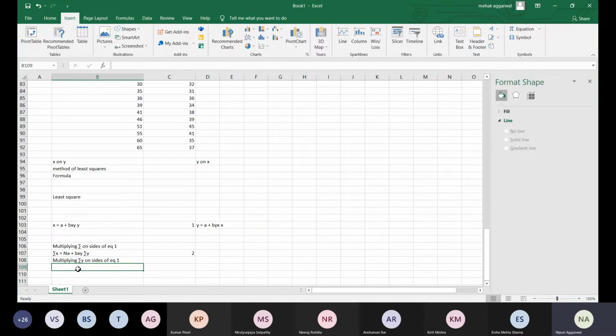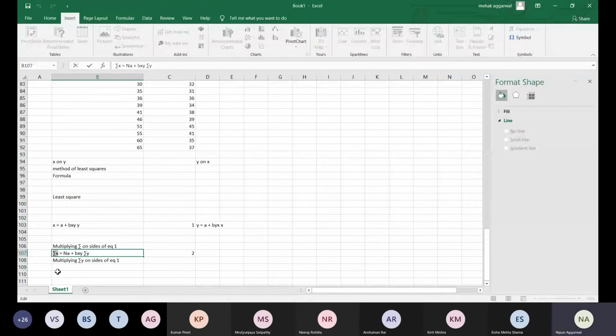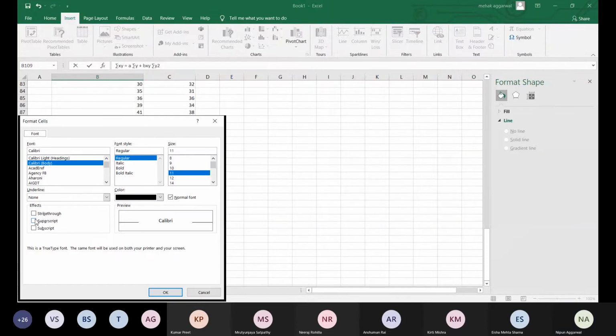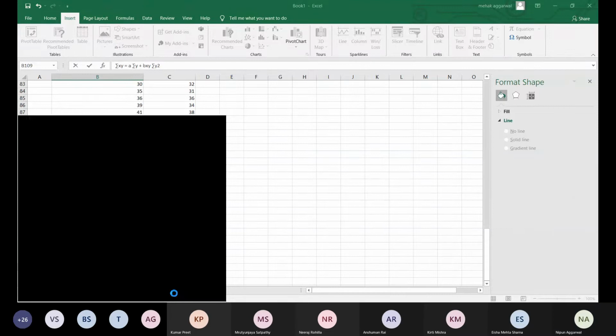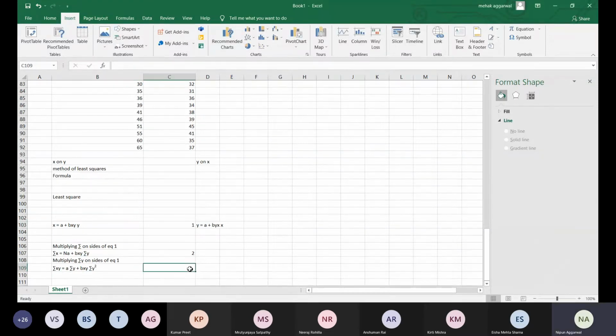After multiplying with summation y, it becomes summation xy is equal to a summation y plus bxy summation y square. Clear? So this becomes your equation 3.